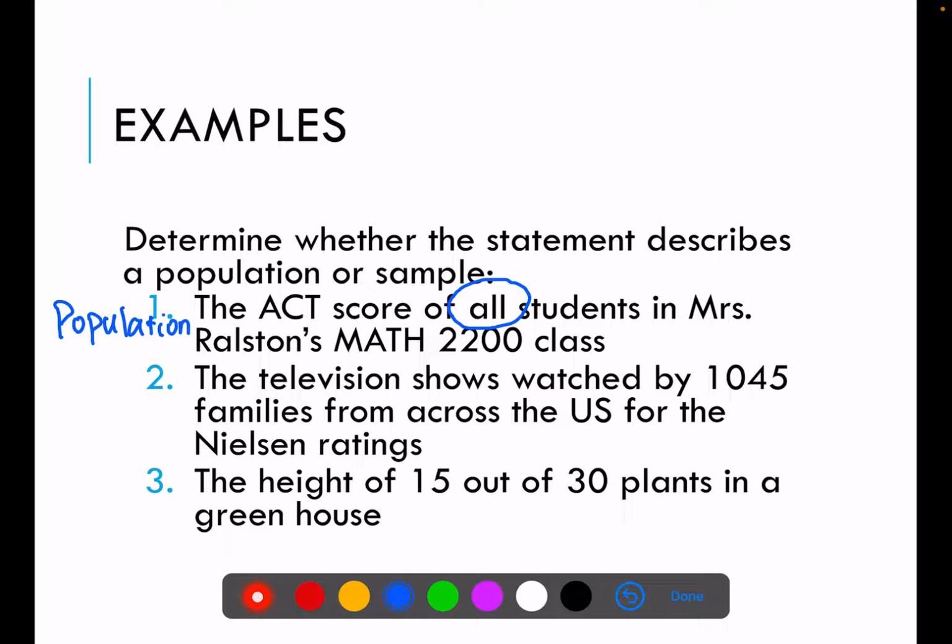This statement describes a sample, and the reason is that 1,045 is a sample size. It's just part of all the families in the US. Example number 3, the heights of 15 out of 30 plants in a greenhouse is a sample. And why is it a sample? Because it says 15 out of 30. It's not the whole, it's just part of the whole.